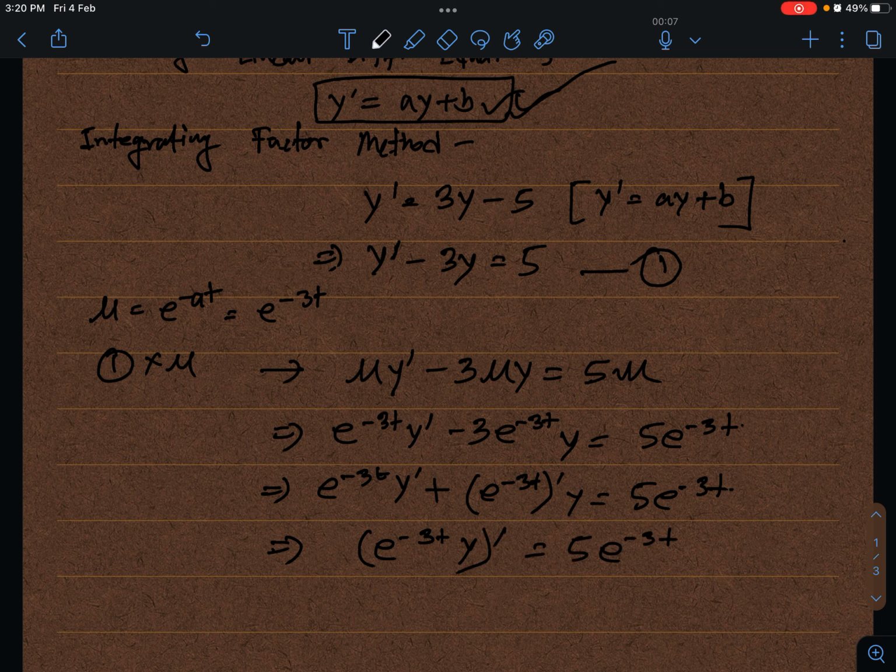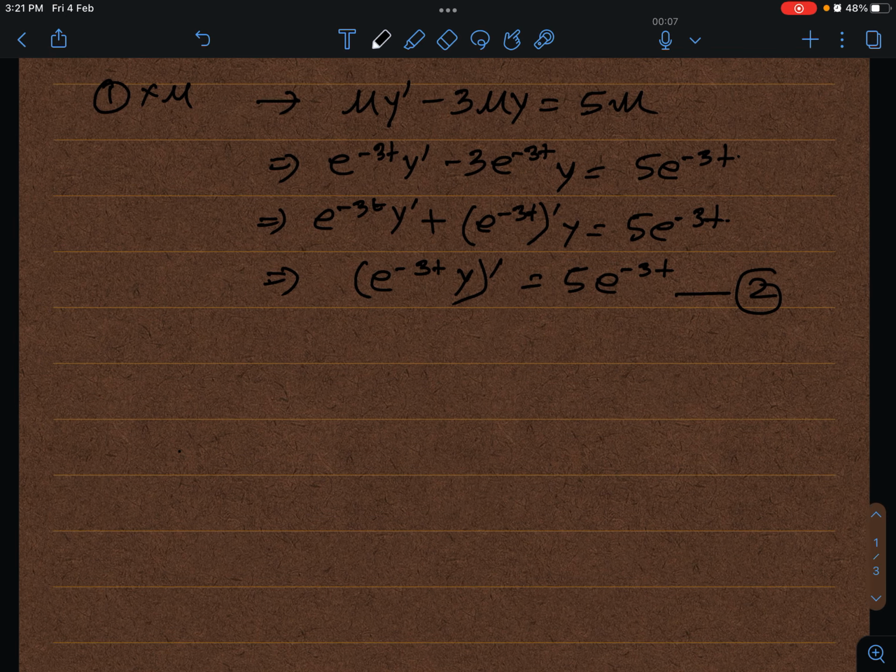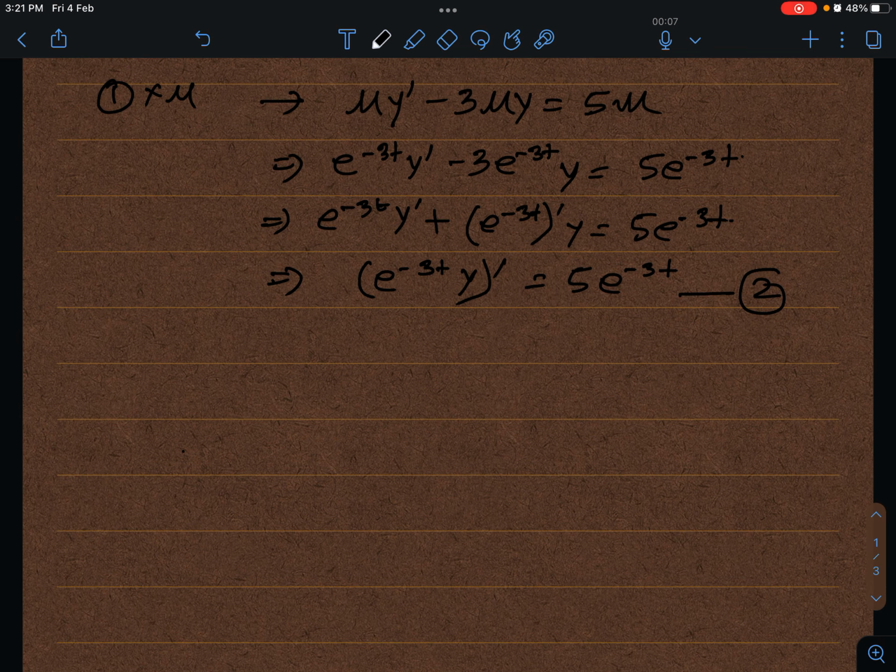Like the previous approach, we can solve the following lines for this particular equation. Let's say this equation is 2.